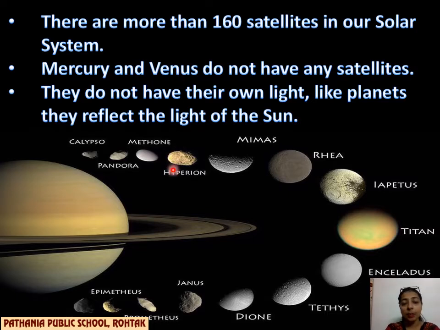Then the next very important thing, they do not have their own light like planets. They reflect the light of the sun. That means the moon that we see in the sky shining so brightly has no light of its own. So why does that moon appear to be shining to us? Because it is reflecting the sun's light.